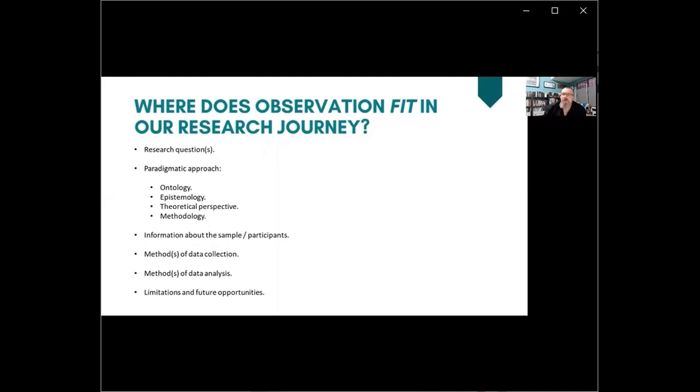So we might be a Marxist-based researcher, which is going to give us particular assumptions about how we interpret what we are actually observing. So we might choose to view it through the theoretical perspective to make sure it's in alignment with our thinking methods.